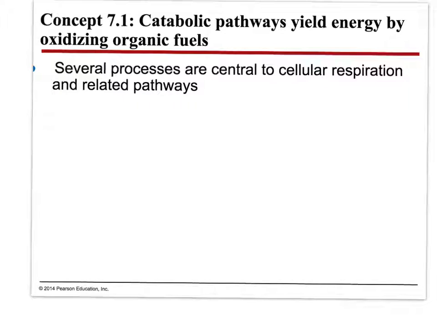All right? So, what's happening is that these fuels, glucose, that's going to be our ultimate input. These carbohydrates or cellular fuel are going to be oxidized. And we're going to talk about what oxidation reduction is in a second.